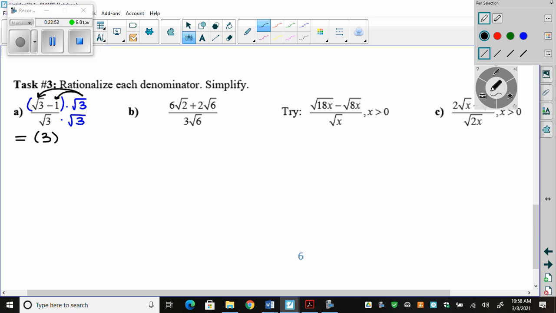What's negative 1 times root 3? Negative 1, root 3, right? When you multiply a coefficient times a radical, you just get the two slammed together as a lovely little radical. So we're going to get negative 1, root 3. And then what's root 3 times root 3? 3.